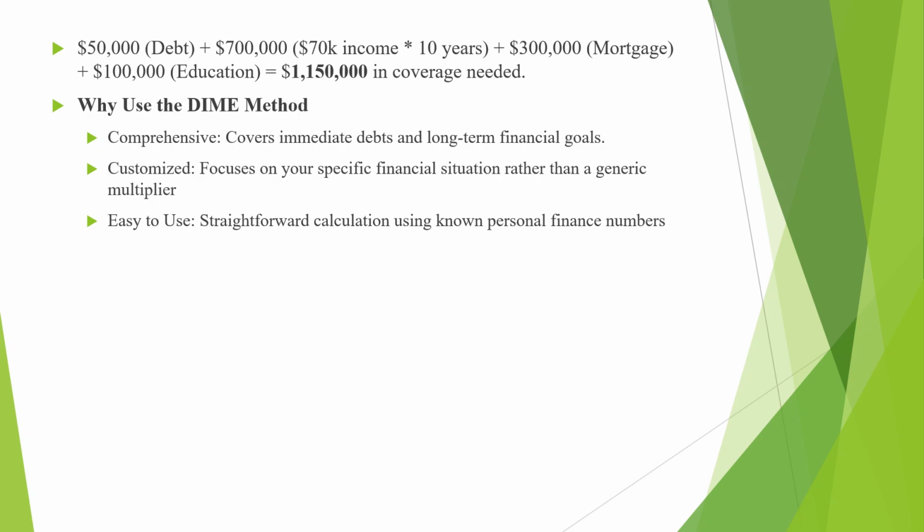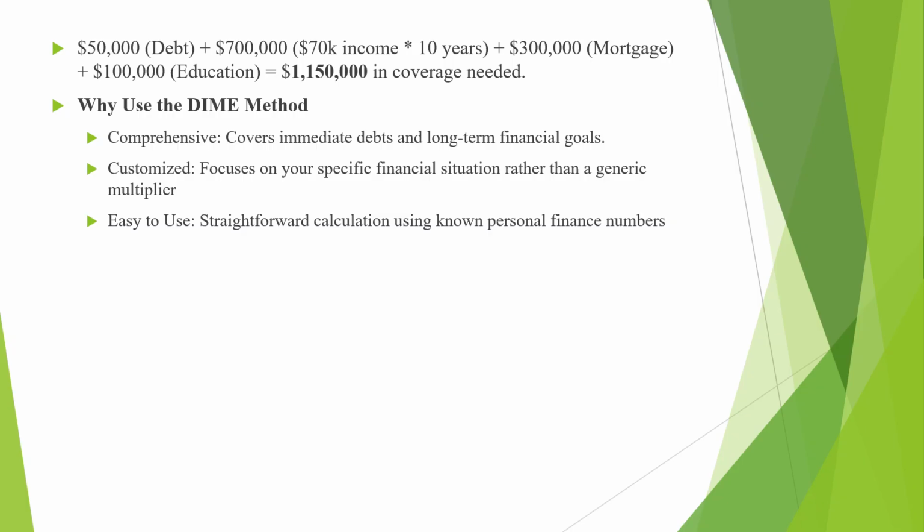So that is sufficient for you if you have this debt, income, mortgage and education cost. This is how you can choose your coverage.